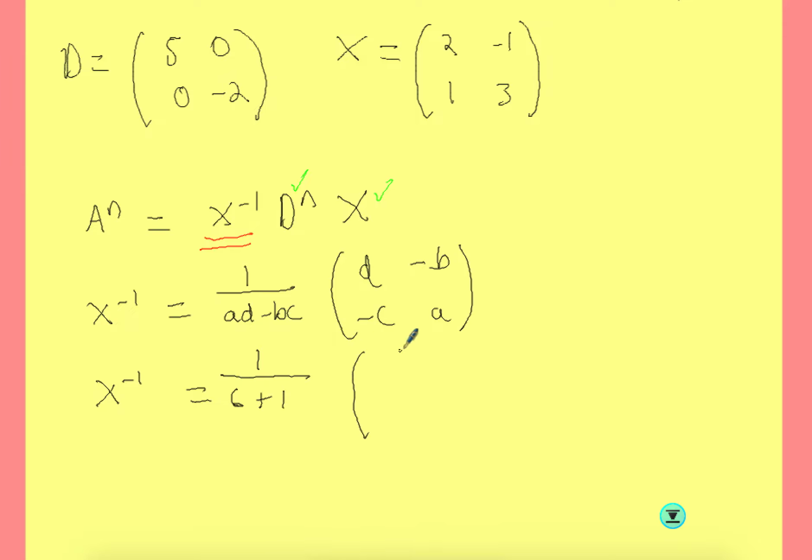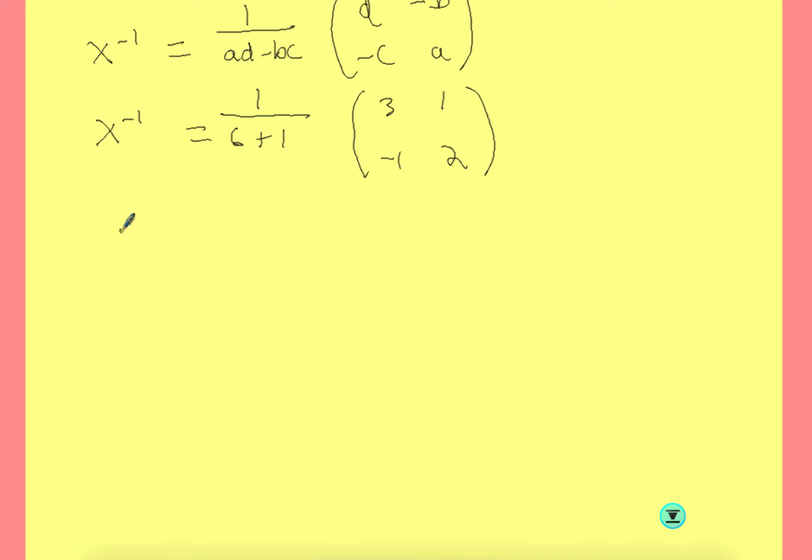Right, A and D swap over, 3 and 2. And B and C become the negatives of themselves, so that's 1 and -1. Okay, I've not swapped these elements around, I've just changed the signs. So that means the X inverse is 1 over 7, 3, 1, negative 1, 2.